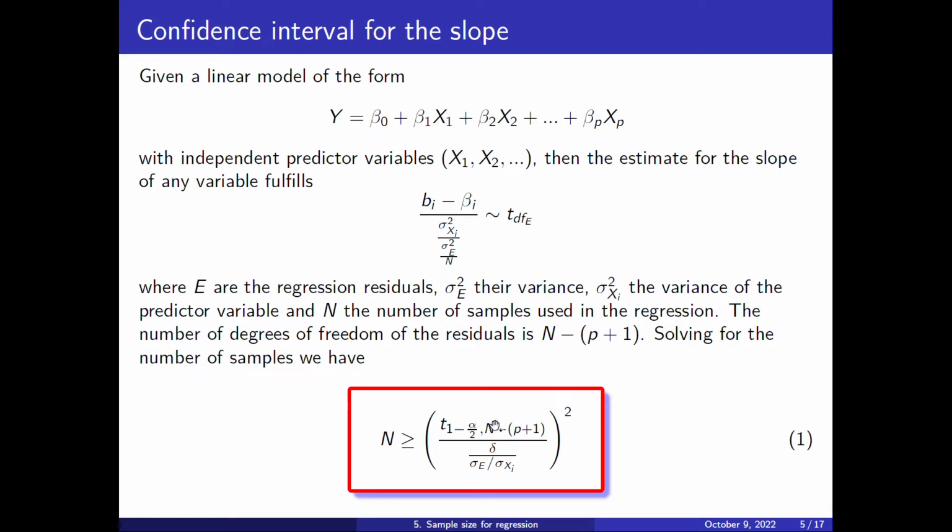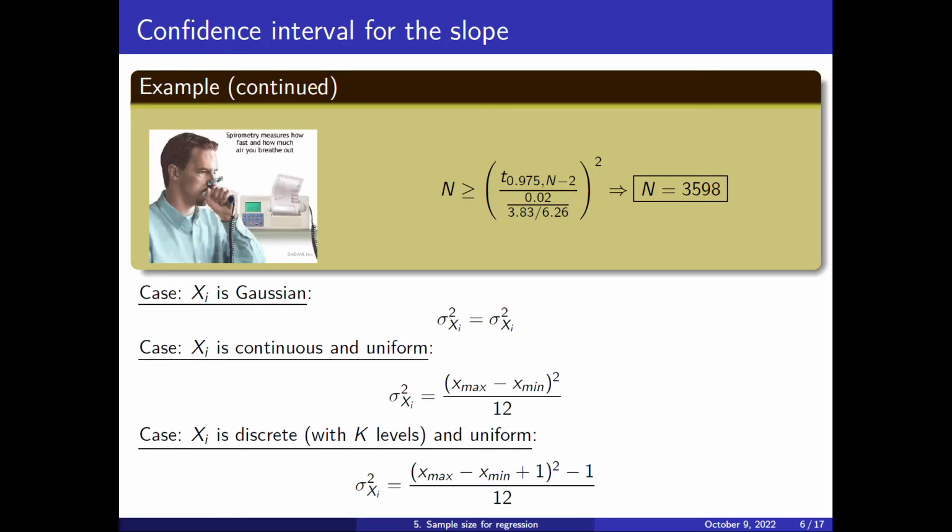So this would be the 0.02. And there is the difficulty here, that n appears on the left side and on the right side of the equation, so it is not easy to solve for it. But computers have iterative algorithms that can solve for this. Okay, so in this case, we have something like 3,600 individuals.